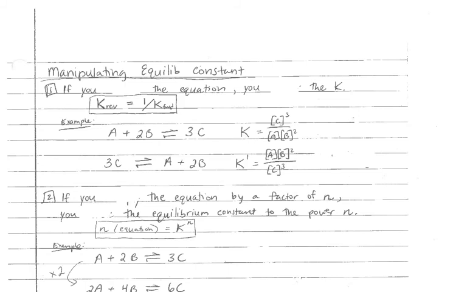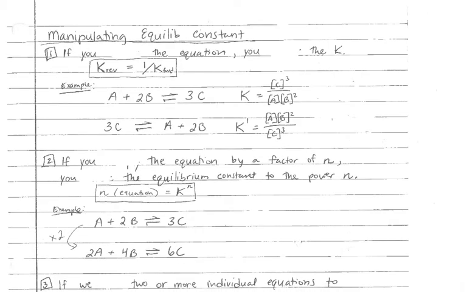We were able to add reactions together, and we could also add their enthalpies together. So we're going back to this theme of looking at steps of reactions and adding them together to get an overall reaction. When we're manipulating the equilibrium constant, there are some rules for how we do that.